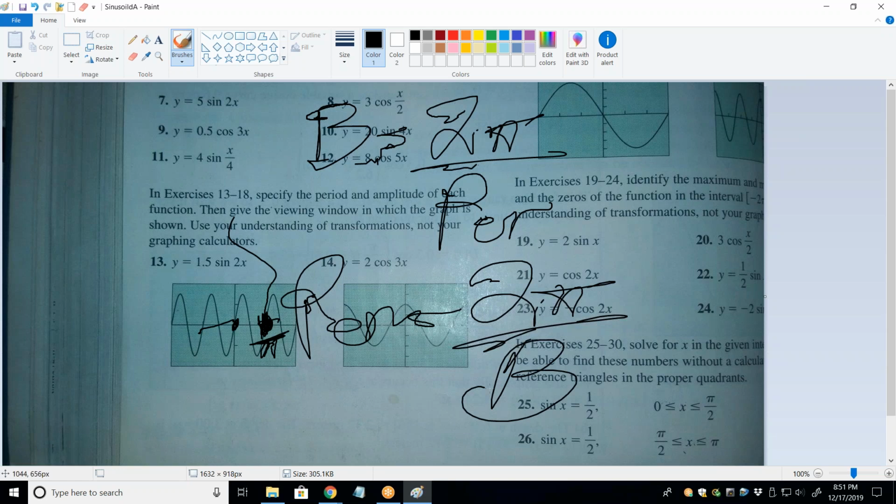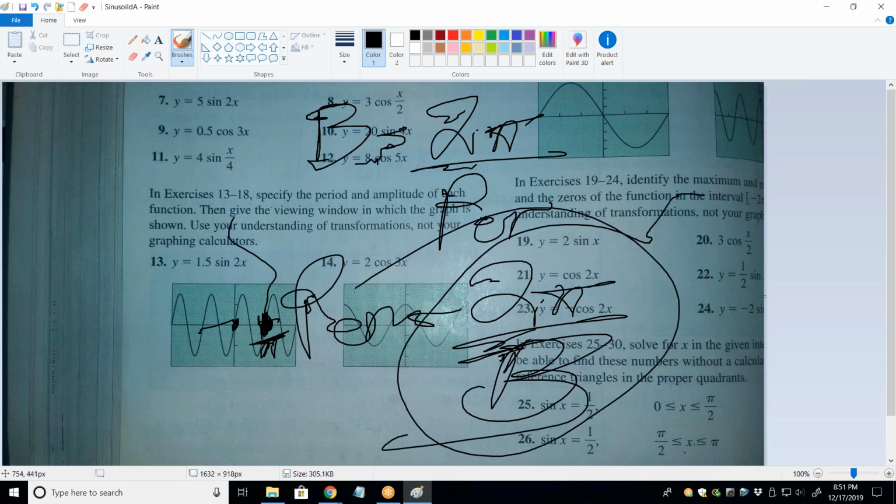We know b. What's b? So what's the period? Two pi over 3. Exactly. That's why you have to really memorize what b is. B is 2 pi over the period, and sometimes they want the period, which is 2 pi over b.